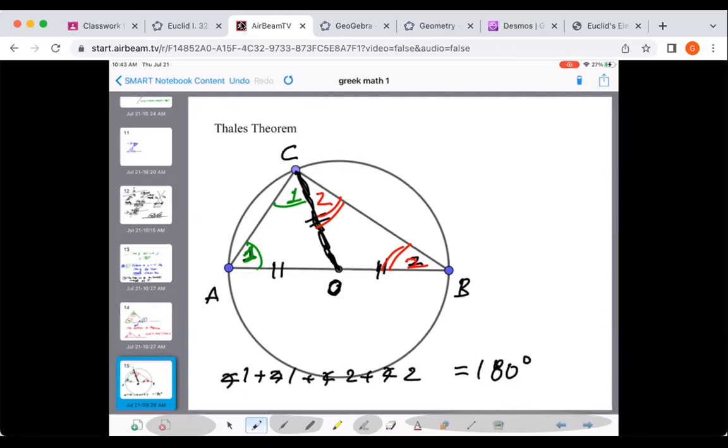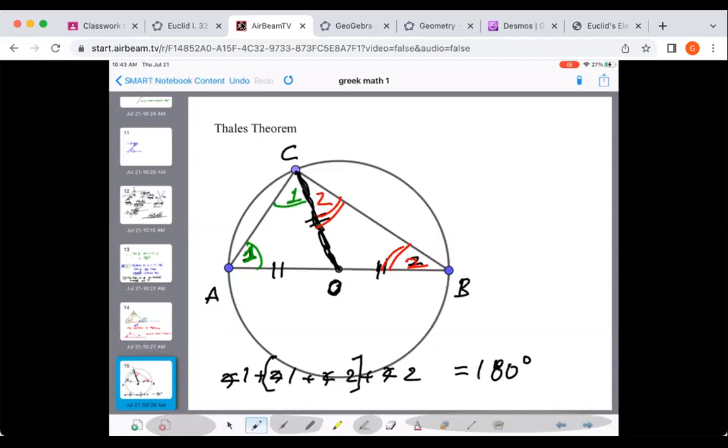Yes, exactly. They're 90 each? 1 and 2 are both 90? Yeah, because the sum of all these angles, all 4 of them, must be 180. And since you have 1 and 2 and 1 and 2, if you split it in half, they have to be 90. I see. 1 and 2 added together is 90.